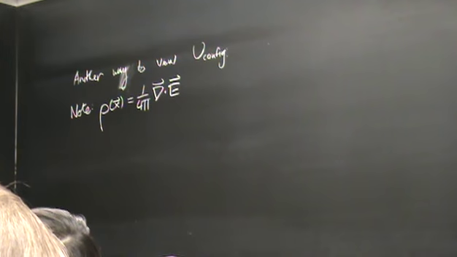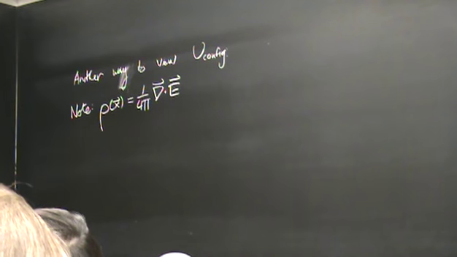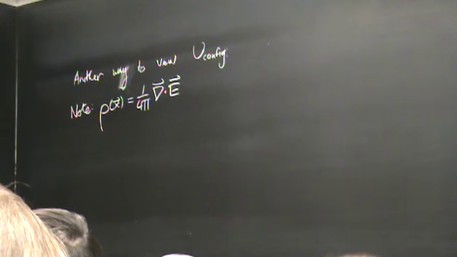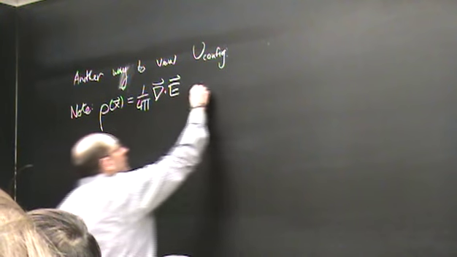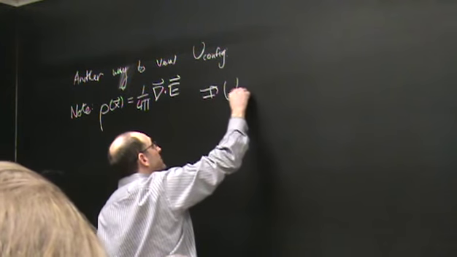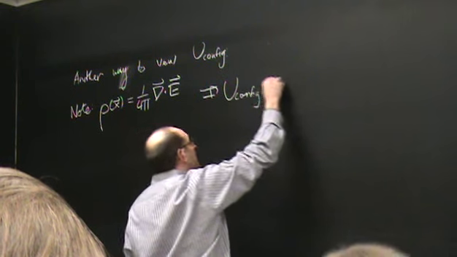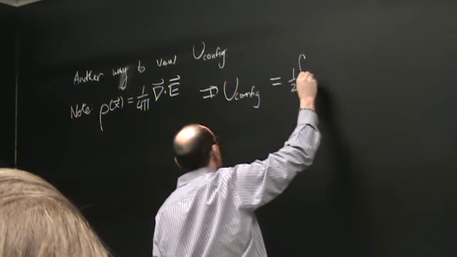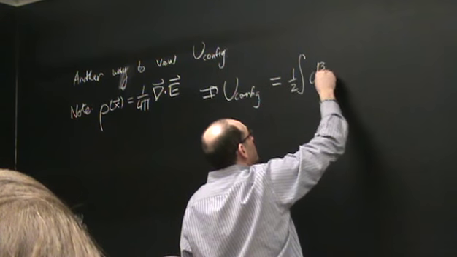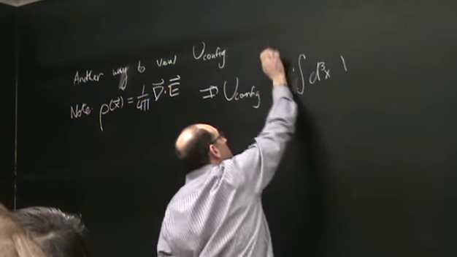So whatever the local divergence of the electric field is tells me what the local charge density is. So I can re-express my potential energy of the configuration in terms of just the field and the potential itself rather than the charge distribution.